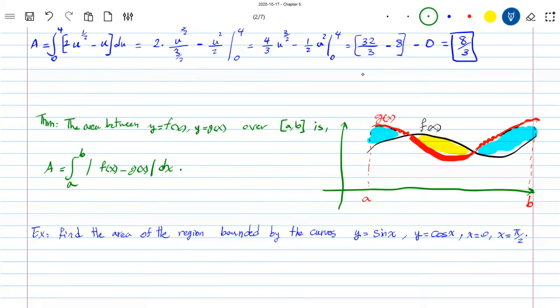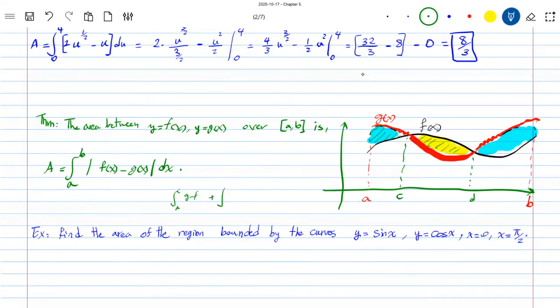So what you need to do is figure out these intersection points. Here is c, here is d. Figure out the integral in each section. In this part g is above f, so we write the integral from a to c of g minus f. Then we add to it the integral in the next section.